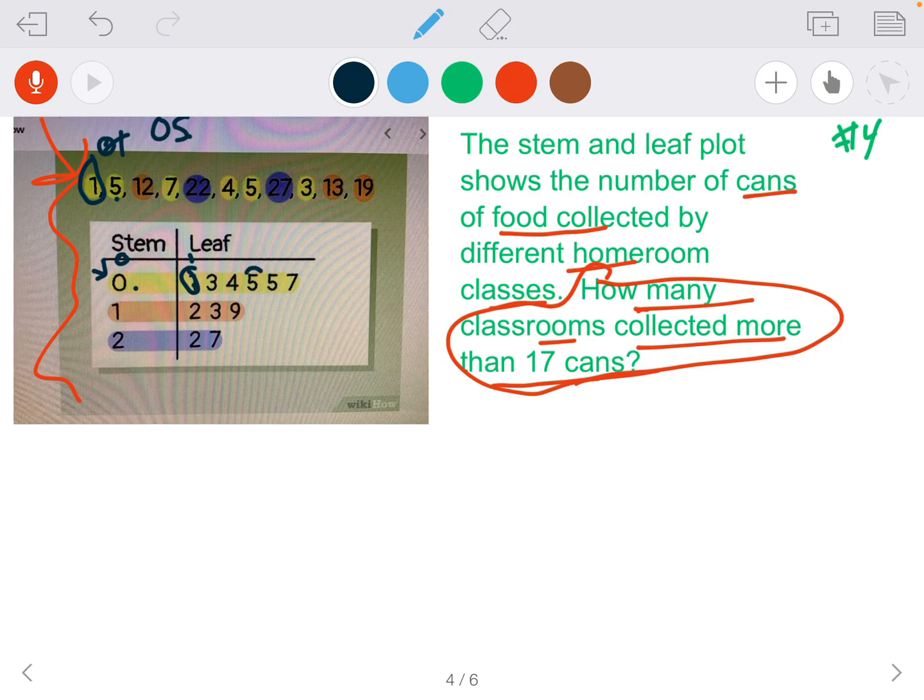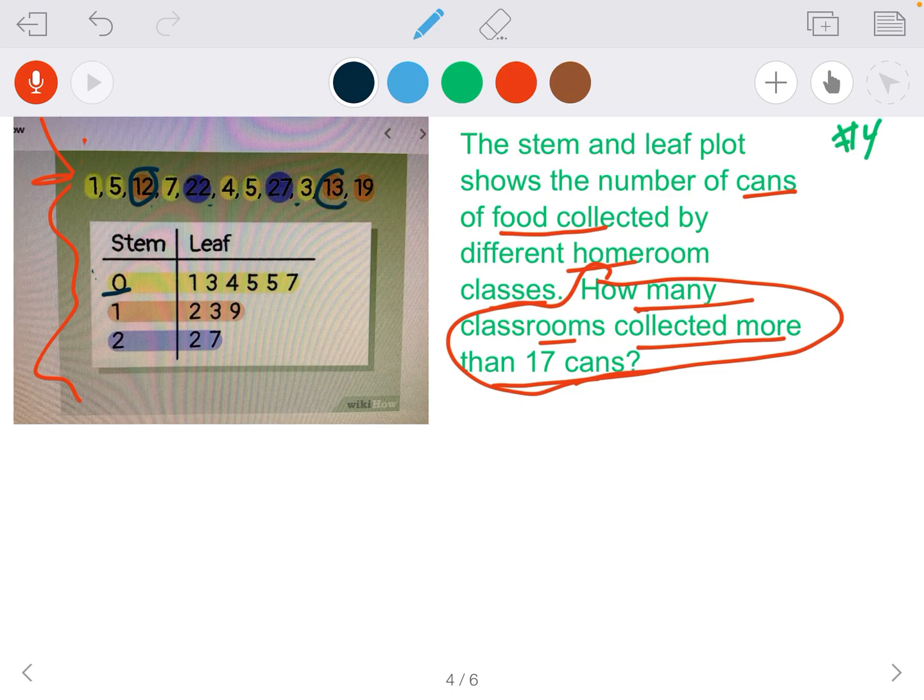So on the 0 line, I'm going to put a 5 here. Notice that they are in numerical order. So I can see that I have one more 5, a 3, a 4, and a 7. So all those are only single digits, which is why they have the stem of 0.